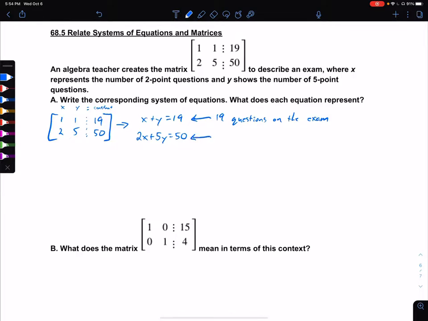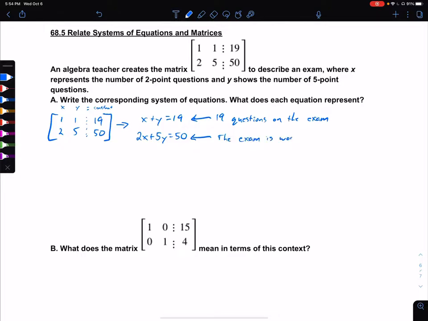This second equation determines the number of points. So 2x, because it's 2-point questions: whatever x is, say it's 10, 2 times 10 would mean it was worth 20 points total. 5 times y would be 5 points times the number of y questions.